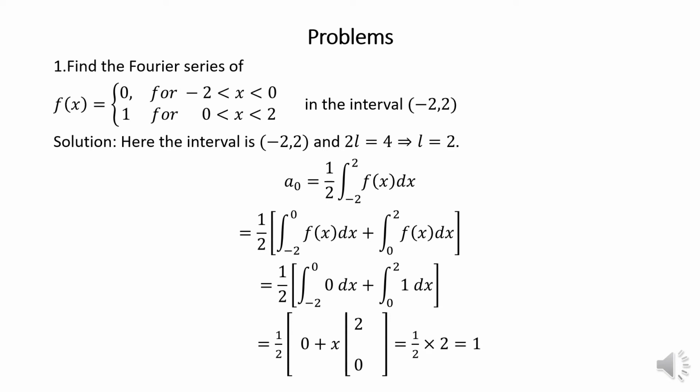Now in the next slide we shall see how to find the second Fourier constant an. This is the second Fourier constant an. After substituting L as 2, we get 1 by 2 times integral from minus L to plus L, where L is 2 here.